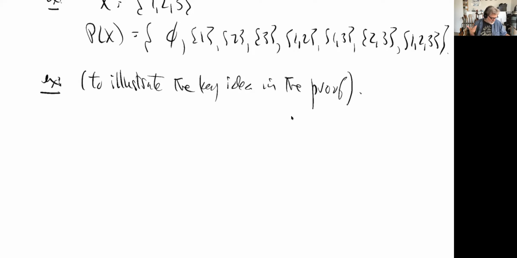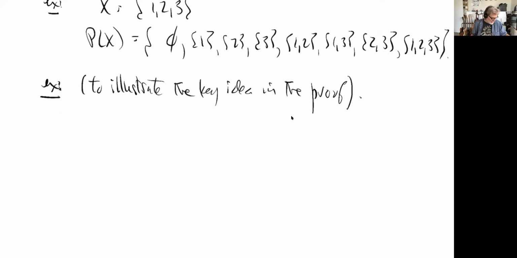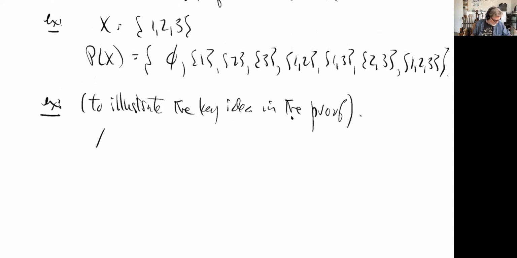So let's consider this set X again, 1, 2, 3, and I want to look at this. So we have these subsets, which are listed over here. That's how convenient. I didn't prepare this, and it works out well. So let's just consider the element 3 as a special element that I'm going to isolate like that.